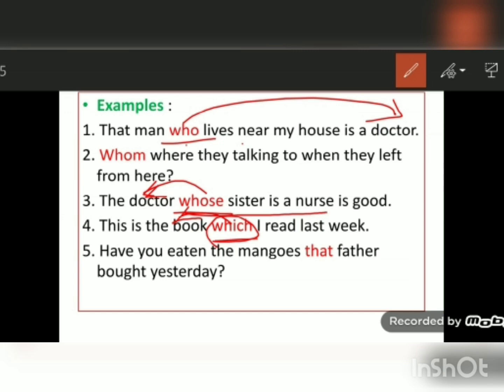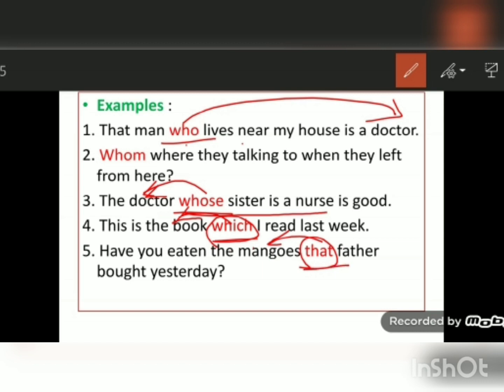Which and that are used for animals and inanimate objects. Have you eaten the mangoes that father bought yesterday? Here that relates to mangoes, so that is why we have used that.